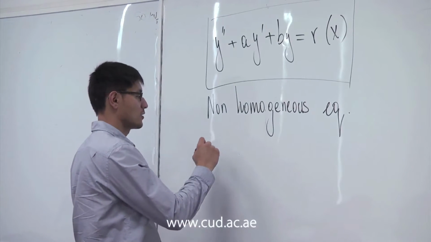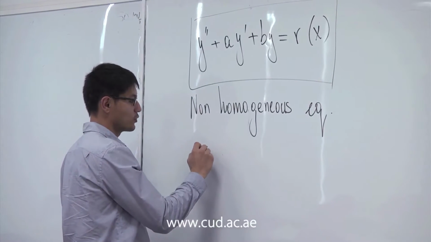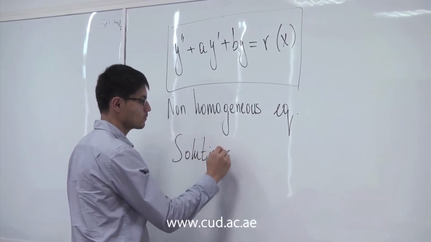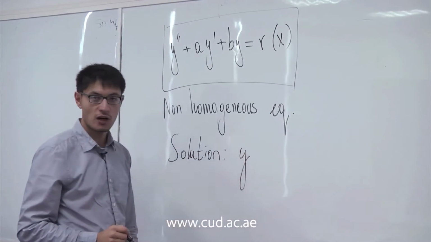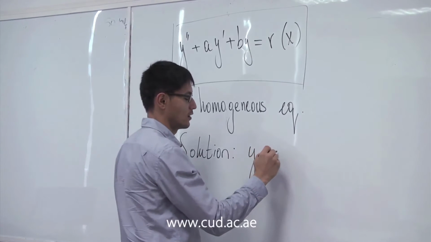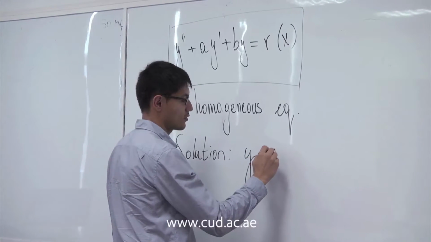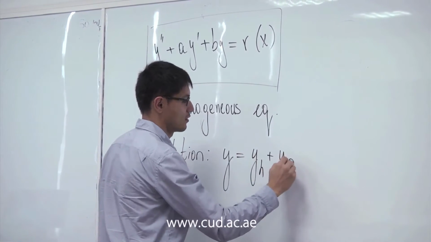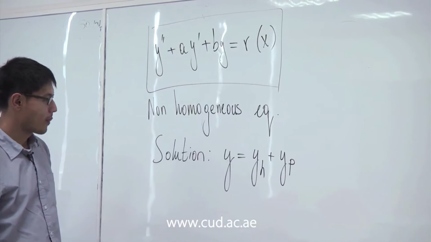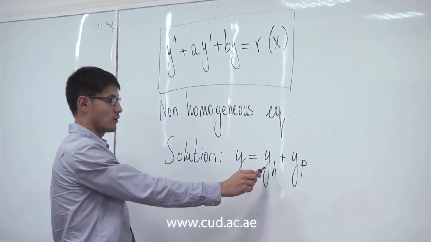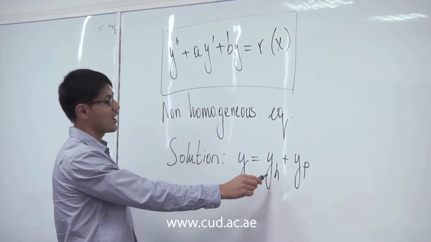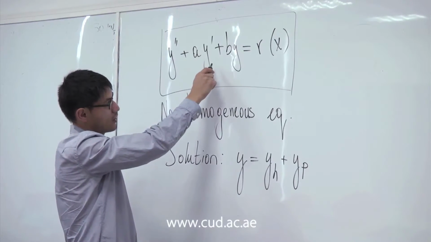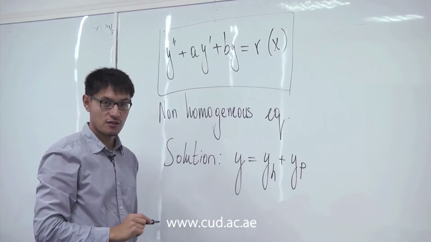Given such an equation, the solution consists of two parts. So the solution y consists of the homogeneous solution plus the particular solution. The homogeneous solution comes from solving the original differential equation in the homogeneous condition.